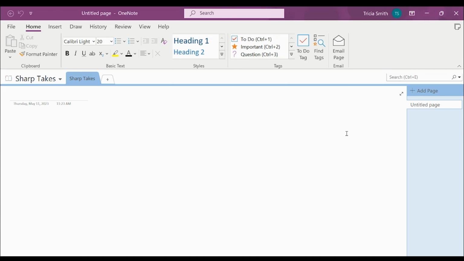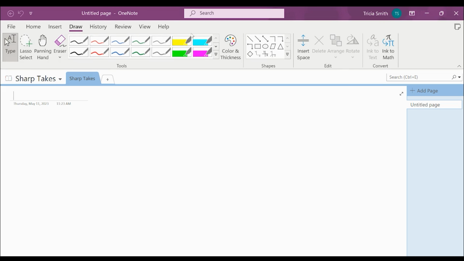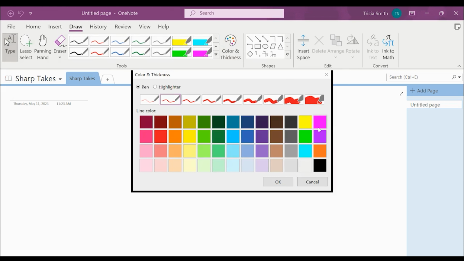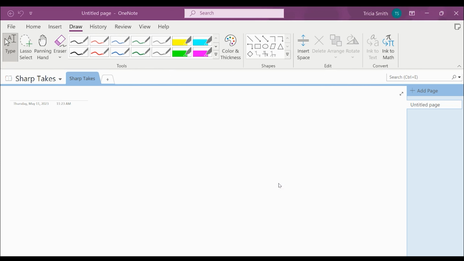Today, my sharp take is about a glass of water, half full, half empty. You know the ones where they go, yes. Let's do blue. I like purple better. Okay.